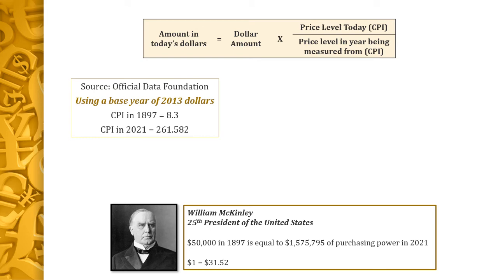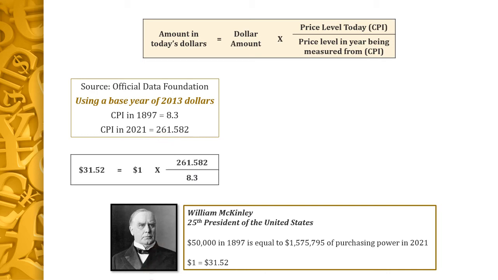For the one that you're seeing here, I went to the Official Data Foundation, which has a really good CPI calculator, and I used the information that they have there. Now, their base year is 2013, and that's one of the things that's, again, important to know. Based on 2013, they calculated that in 1897, the CPI would be 8.3, and in 2021, the CPI was 261.